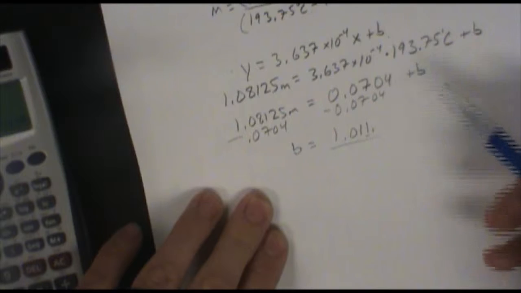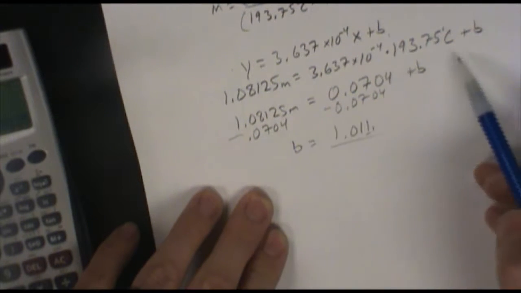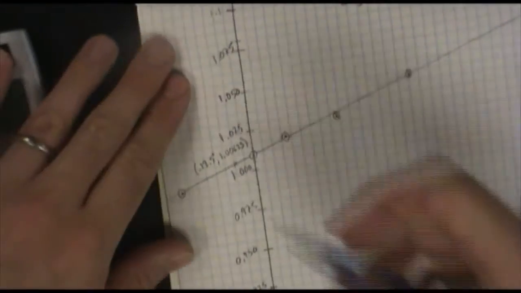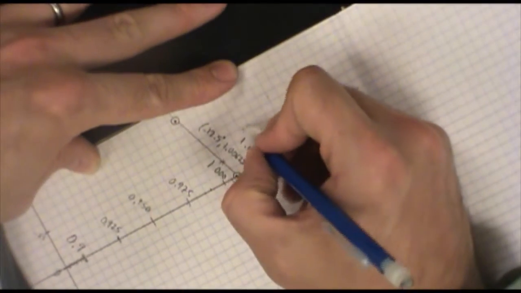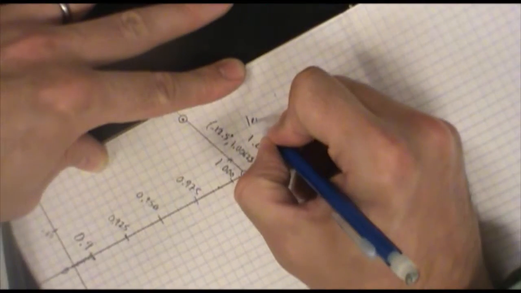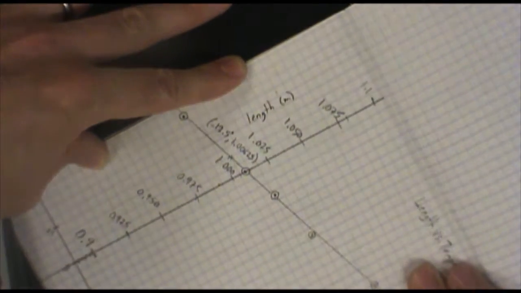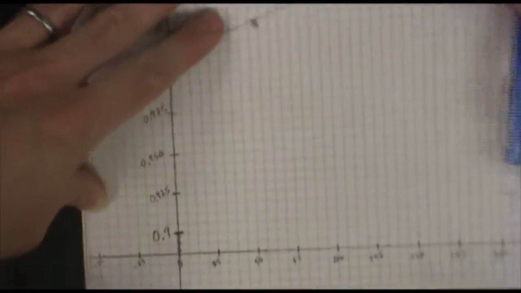My common sense check as I go back and look and say, well, what does this come out to? Paying attention to units. Well, this is in meters, so I have to end up with meters over there. B has to have the units meters. Not only that, it's on my y-axis. My y-axis, which I didn't label previously, now I will. My y-axis shows length in meters. The y-intercept is a y value. It must be in meters.